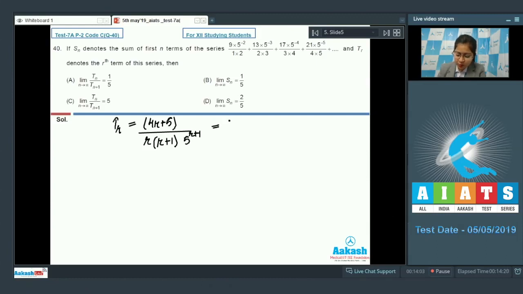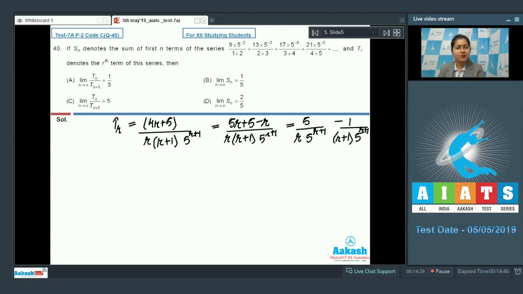So this can be written equal to (5r plus 5 minus r) divided by r into (r plus 1) into 5 raised to the power r plus 1. So this is equal to 5 times (r plus 1) can be cancelled, 1 upon r into 5 raised to the power r, minus 1 upon, cancelling r, (r plus 1) into 5 raised to the power r plus 1. So this is the rth term.